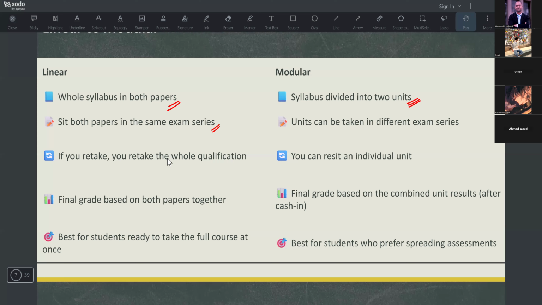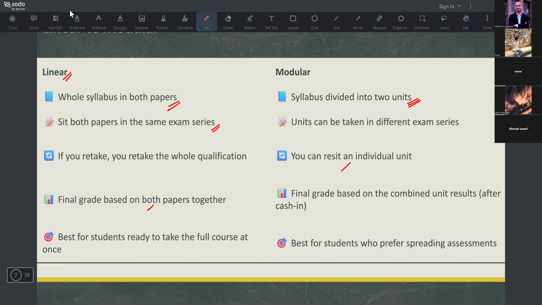If you retake the whole qualification for linear, you must retake both Paper 1 and Paper 2. In modular, you can resit an individual unit. You can resit Unit 1 or Unit 2 as you like.